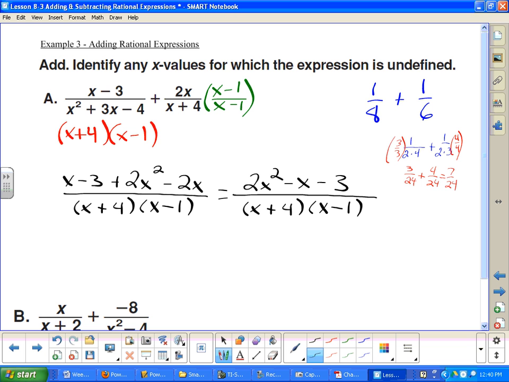So we need to factor the numerator then. What do I get when I factor the numerator? Okay, remember that this can only be 2x, and that can only be x.